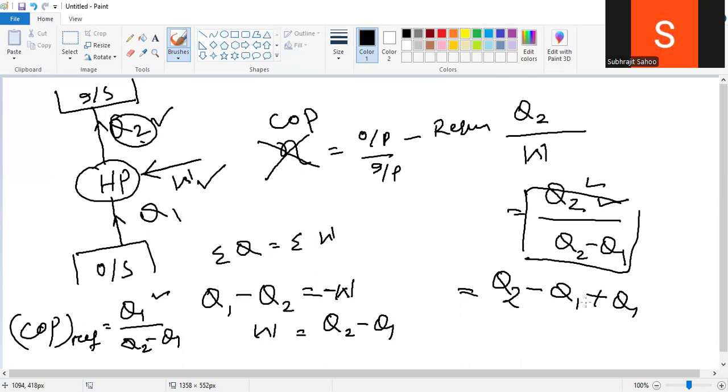If they cancel, then Q2 will remain, or not? Just like I have written, now the Q2 numerator the same, I am writing over Q2 minus Q1. Right? Observe sir. Can I write like this? This is one term, and this is one term.